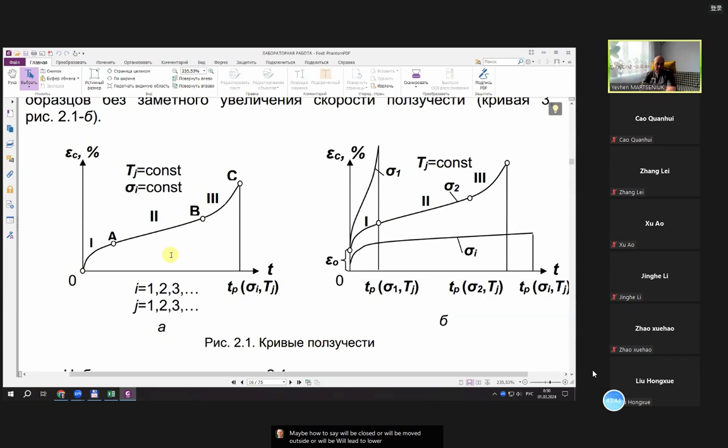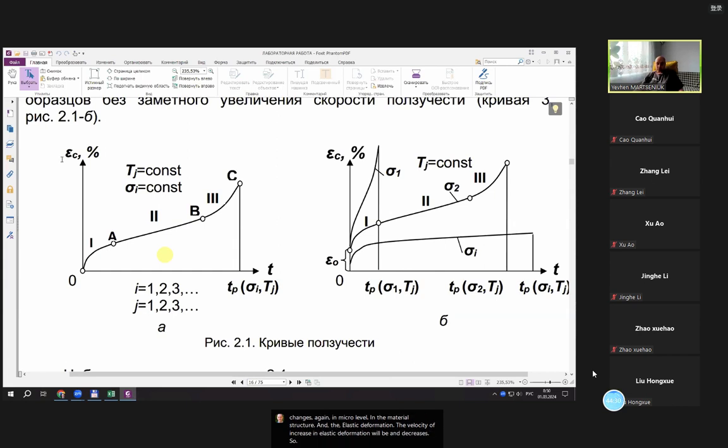External loading can lead to changes in the number or size of these internal defects in the material, and to moving of these defects, to some changes again on micro level in the material structure, and the velocity of increase in deformation decreases.